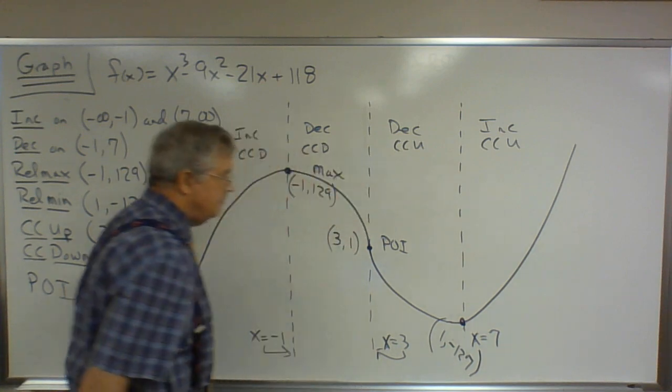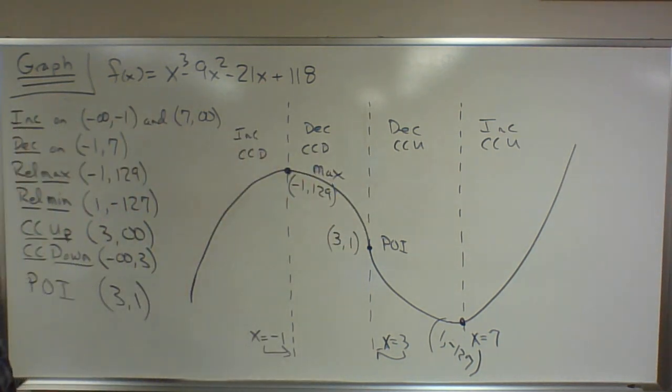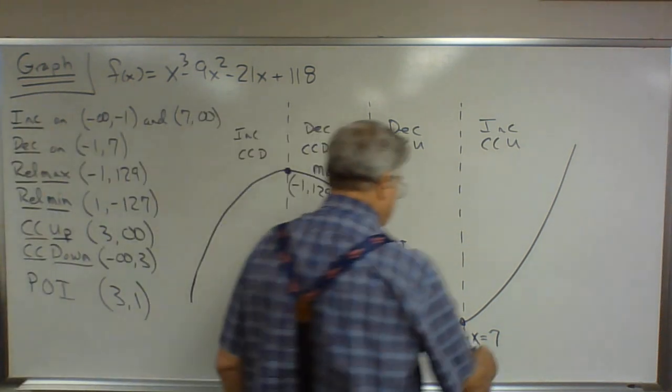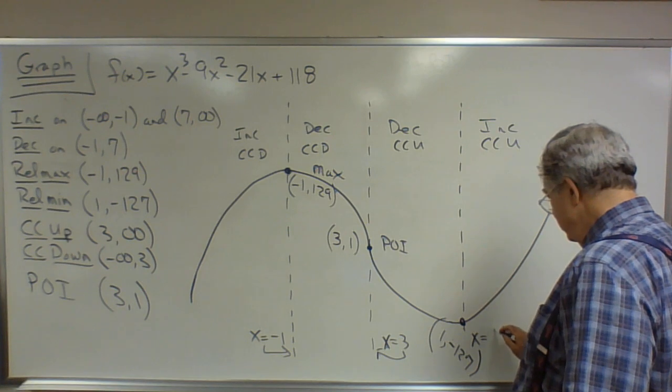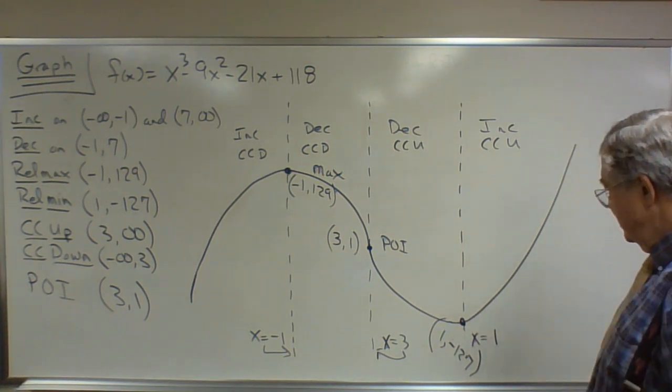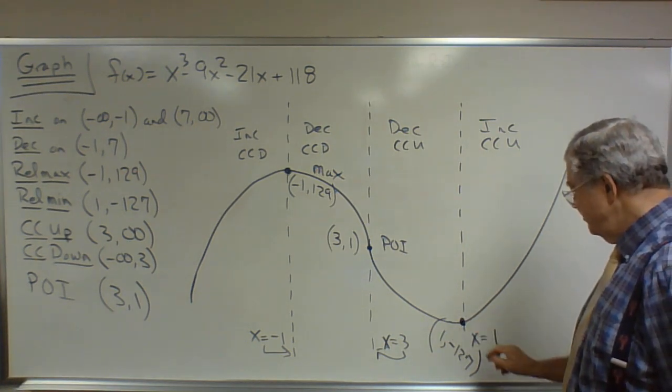We have our relative min. And let's see, how did this become x equals 7 instead of x equals 1? I have no idea. But this is our relative min.